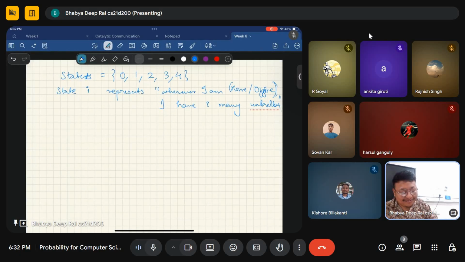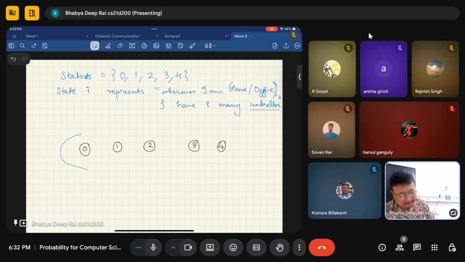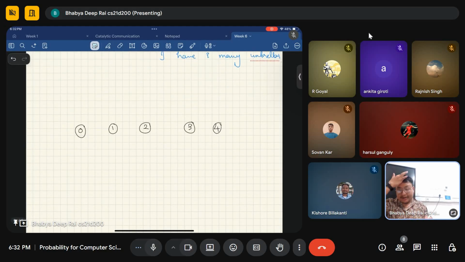And this logic still works. So I have, say, 0, 1, 2, 3, 4. These are the states. So the thing is, it does not matter.